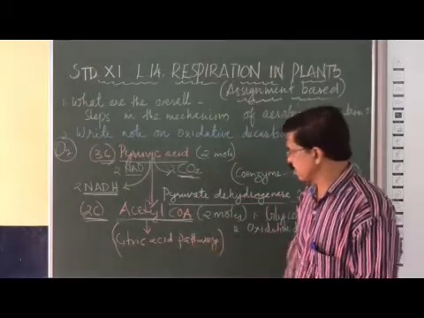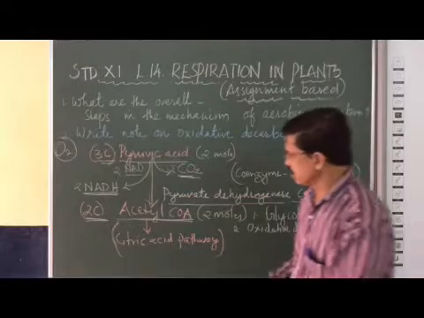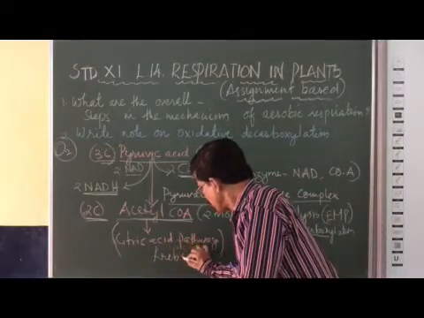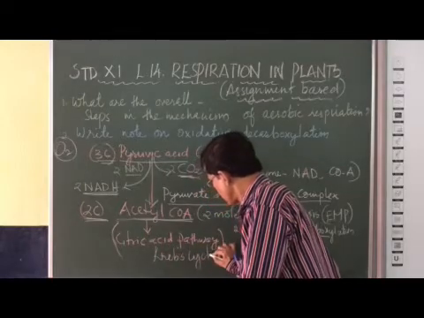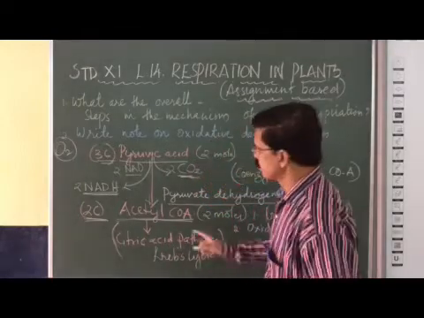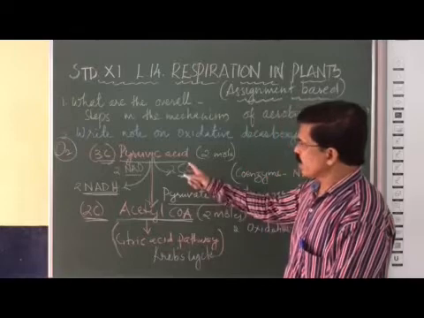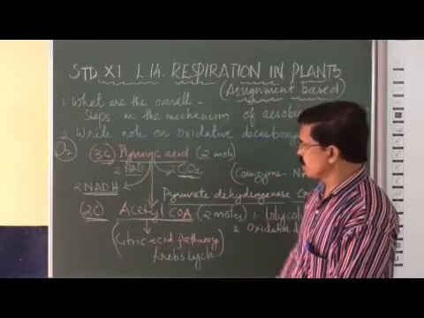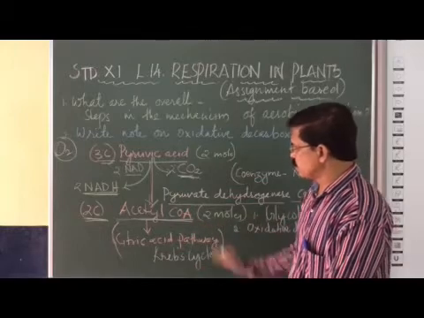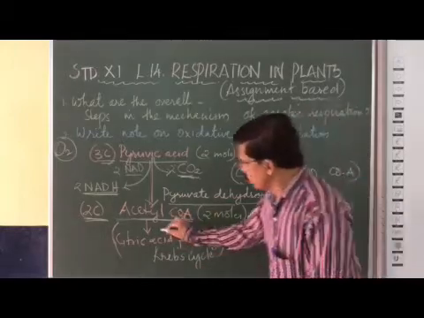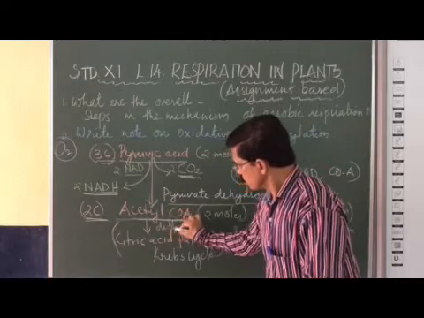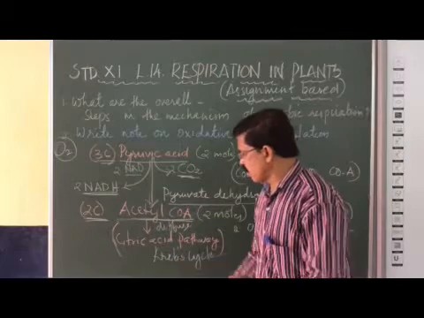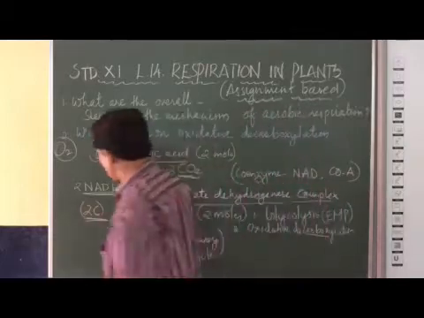Mitochondrial citric acid pathway, or Krebs cycle. This citric acid pathway is also called the Krebs cycle. Clear everybody? Everybody is clear? The 3 carbon pyruvic acid is converted to 2 carbon acetyl coenzyme, which is a small compound and can easily diffuse into the mitochondria, because the Krebs cycle or citric acid cycle takes place in mitochondria.